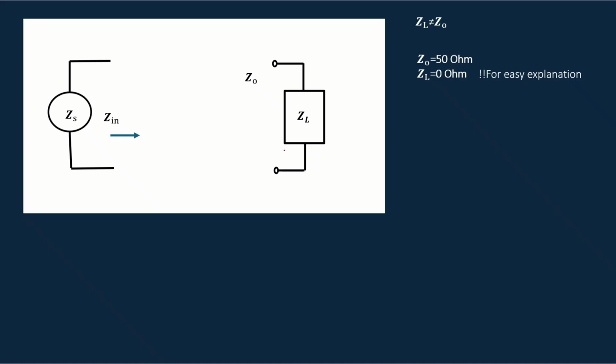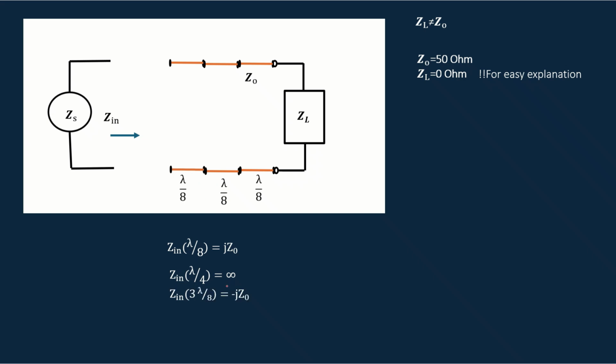I'm going to consider the load impedance and the input impedance which is seen by the load. Let's see what will happen if I connect the load impedance through a transmission line having length of lambda by 8. It will produce an impedance of j at 0, and if I add another lambda by 8, it will be lambda by 4, so the input impedance is infinity, and with another lambda by 8, the input impedance is minus j at 0.